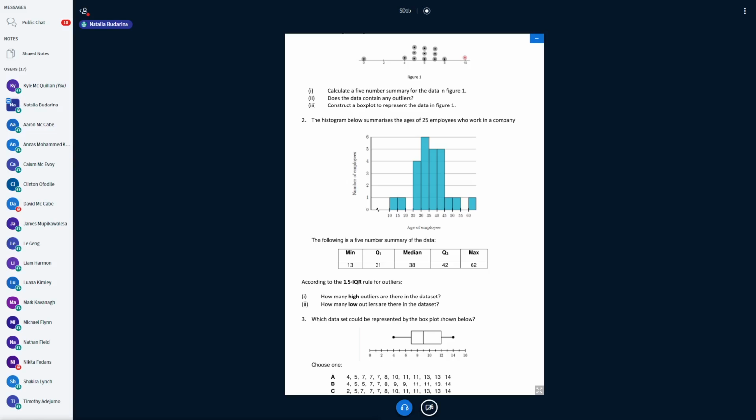Please tell me, what is the value of Q1 minus 1.5 IQR?